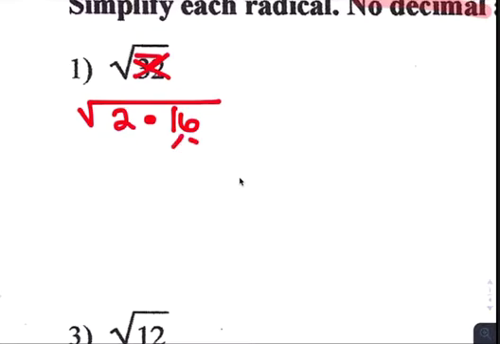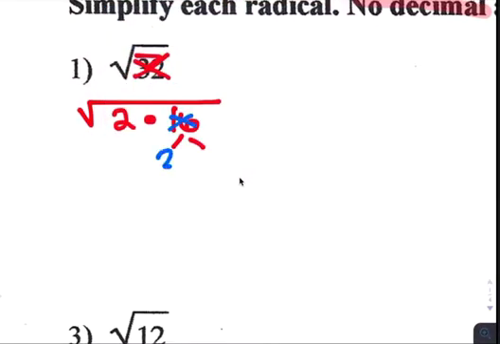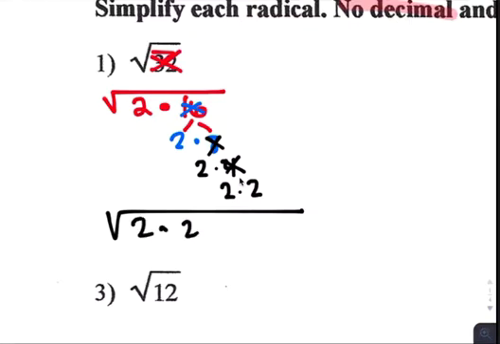This 16 you can take out and use 2 times 8. 8 can be taken out, you can use 2 times 4. 4 can be taken out to 2 times 2. Nothing anymore, so the only things you have are 2 times 2, these 2, times these 2, 3 more.